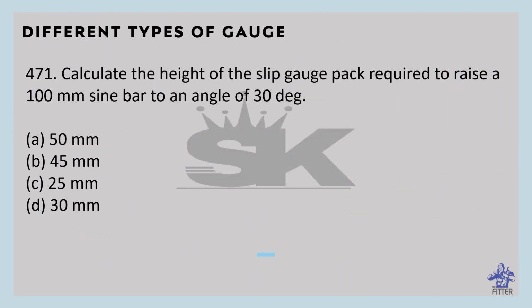Calculate the height of the slip gauge pack required to raise a 100 mm sine bar to an angle of 30 degrees. So here theta is given, right? This is the height, this is L, theta equals 30 degrees.